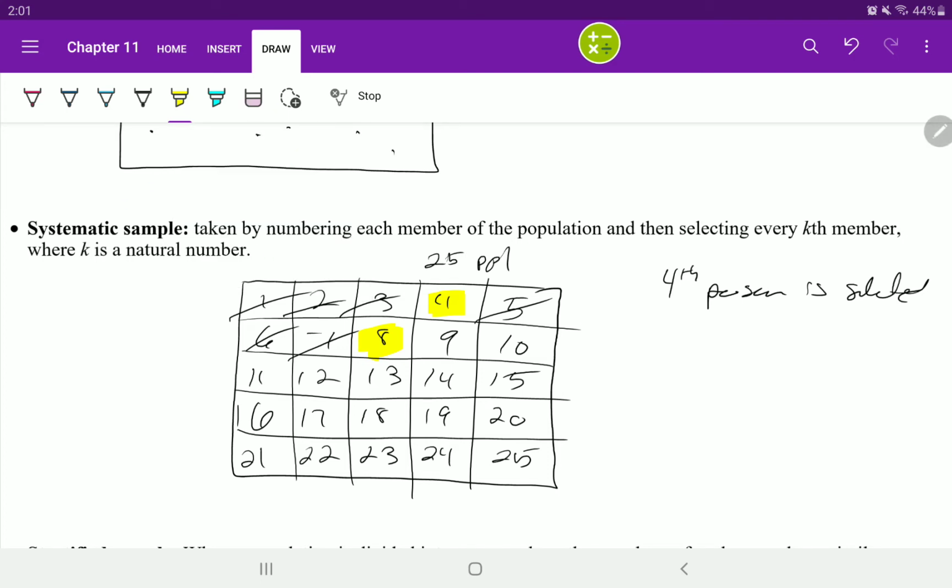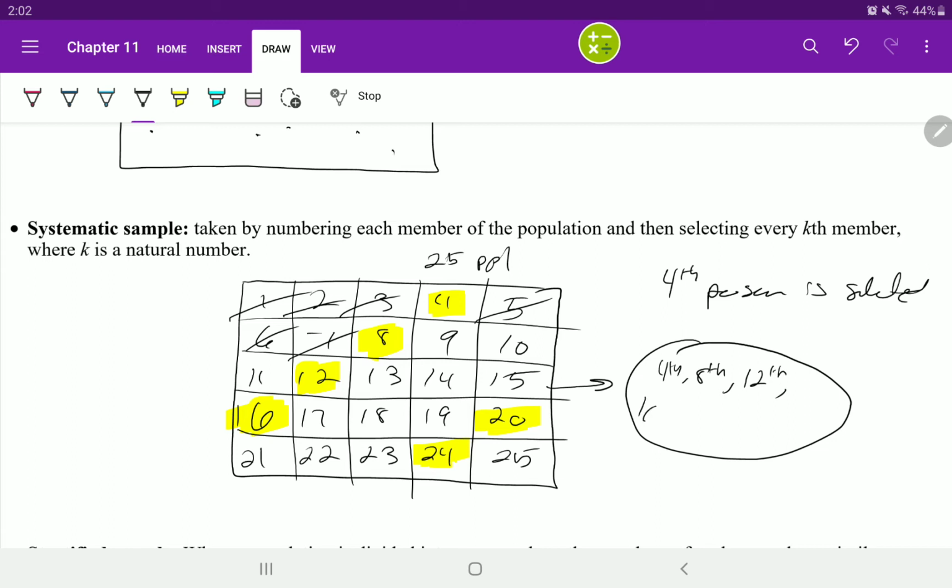Every fourth person is selected to be a part of my sample. So my sample will consist of the 4th person, the 8th, the 12th, the 16th, the 20th, and the 24th person, because I counted up by 4s, multiples of 4. And that's my sample.